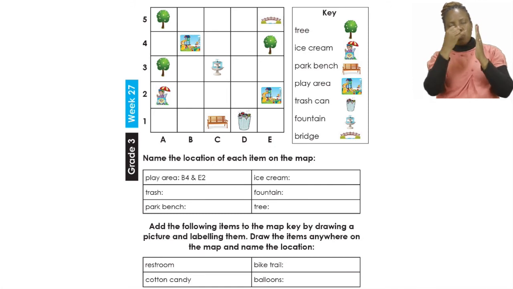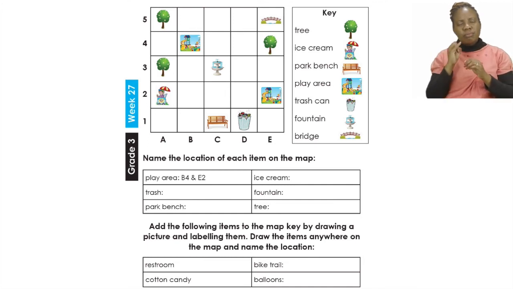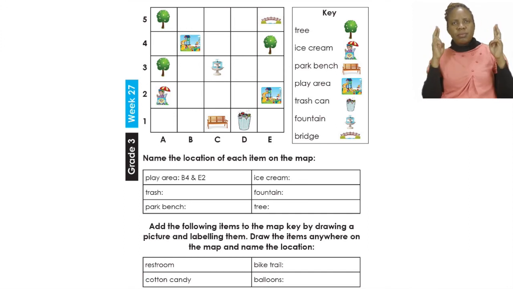Draw the items anywhere on the map and name the location. So everyone, you have to now go ahead and draw a picture of a restroom, bike trail, balloons and cotton candy.